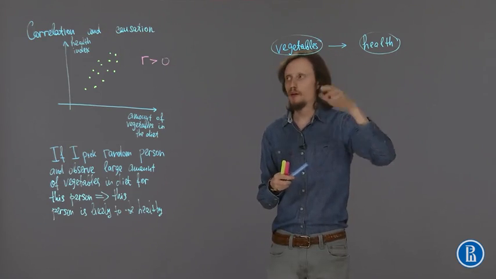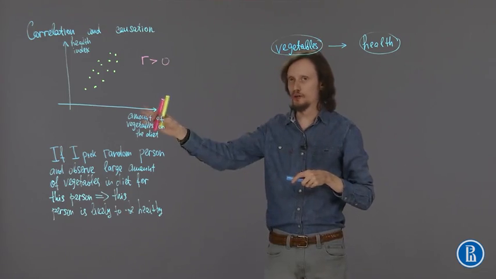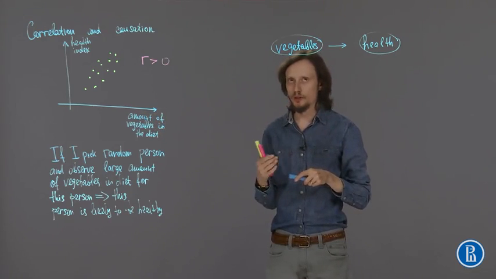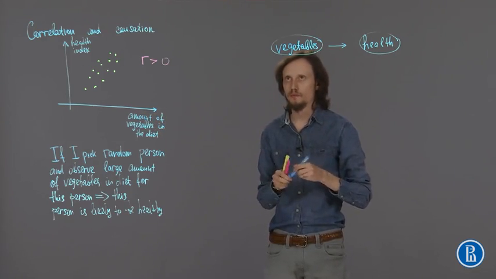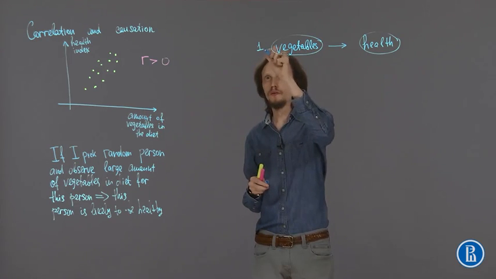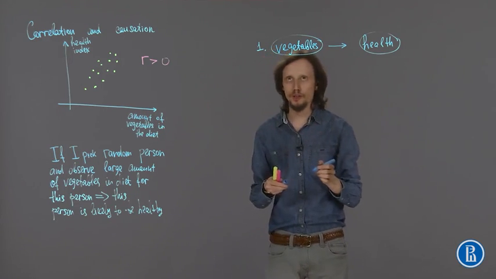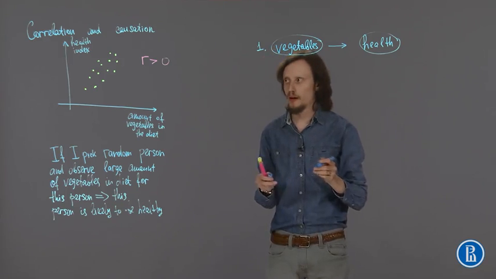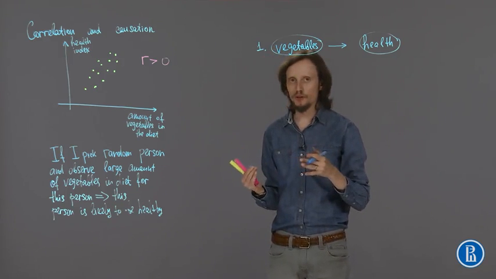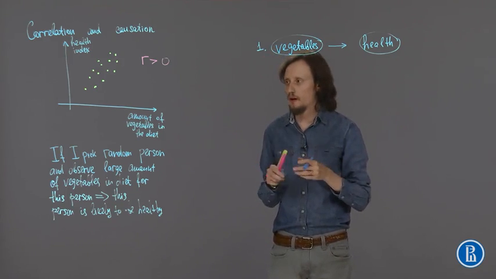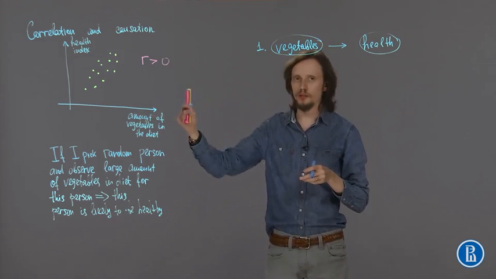This is possible explanation of this picture. But this is not the only possible explanation. Another alternative explanation is the following. There is a third factor, a third variable, that is not included into my study.